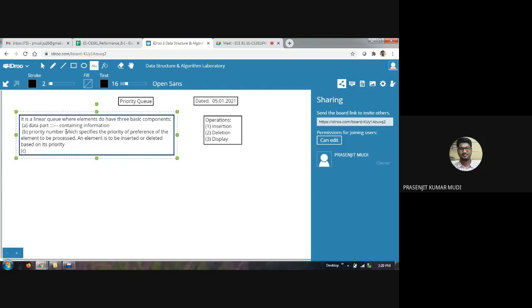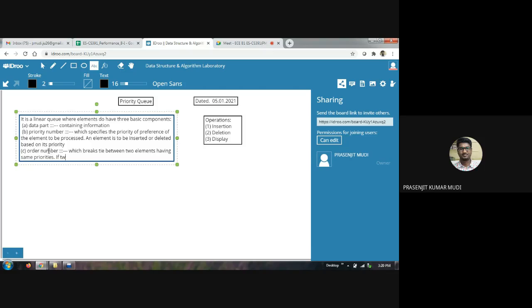Now, there is the data part, and there is a priority number. Another third part is the order number, which breaks the tie between two elements having the same priorities.